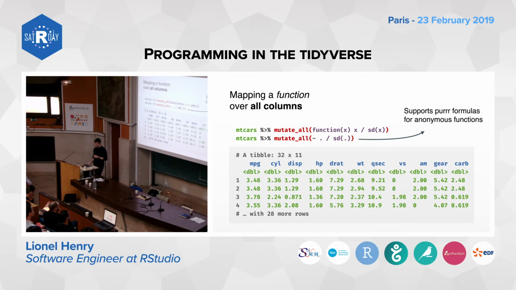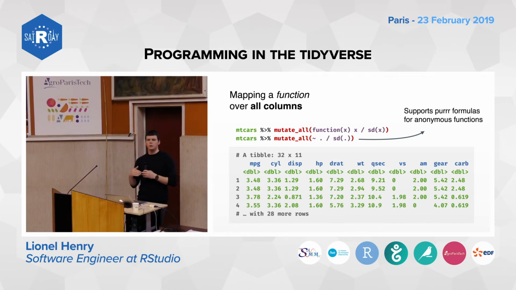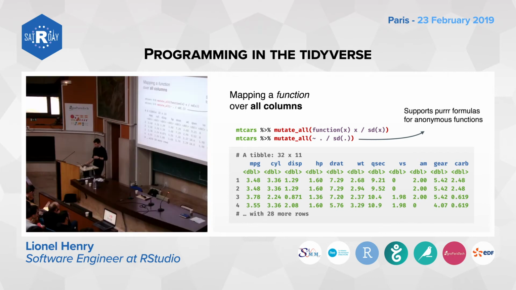Here we pass a function that rescales its inputs. We divide it by the standard deviation. And it has the mutate semantic, so it always returns a data frame that has the same number of rows as the input. And if we mutate all columns with this function, then we get the data frame completely rescaled.